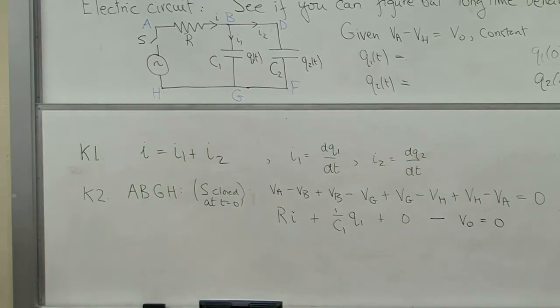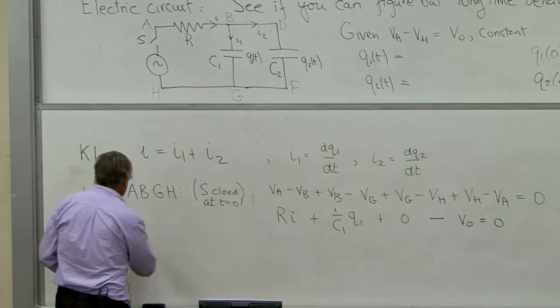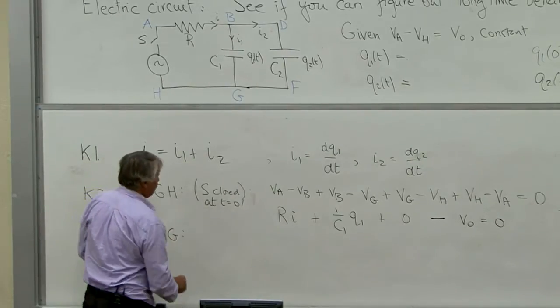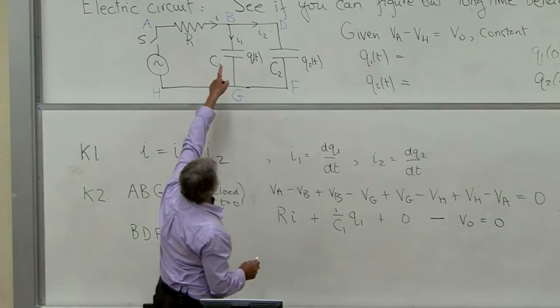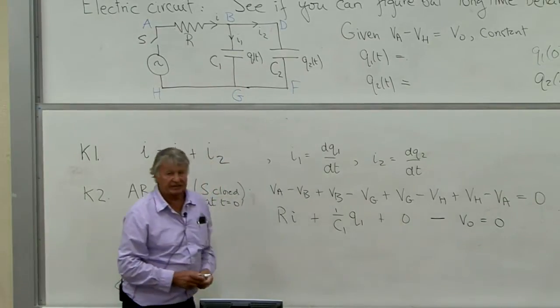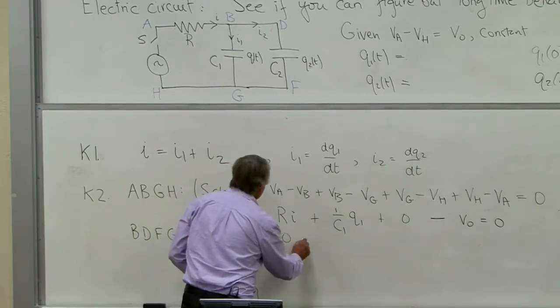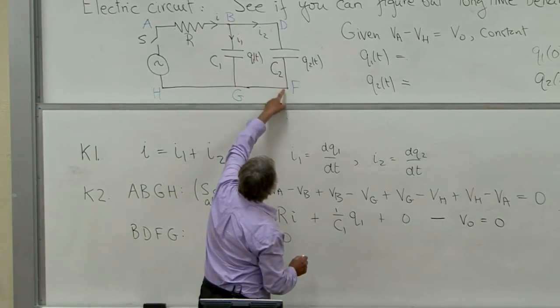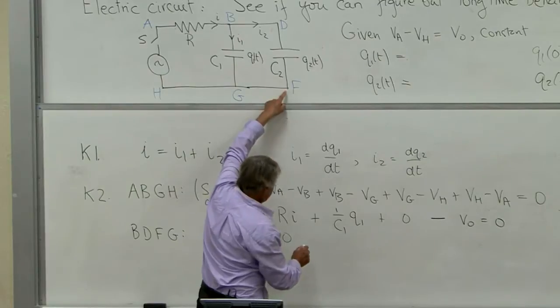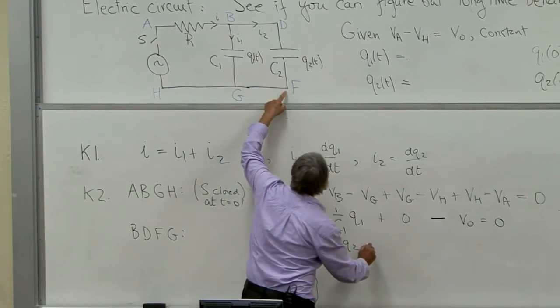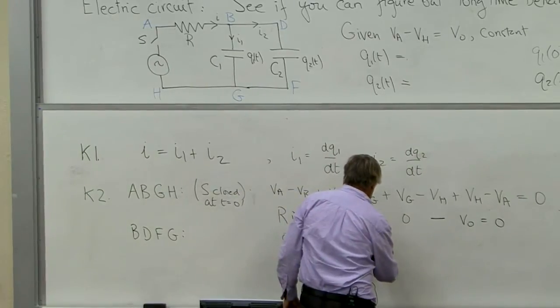What's the next circuit you'd like to choose? Okay, B, D, F, G. Now, what is the drop across BD? Assuming 0. So it's 0. The drop across DF, the drop across FG.